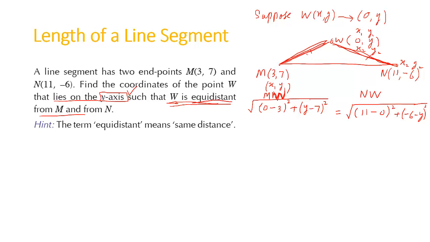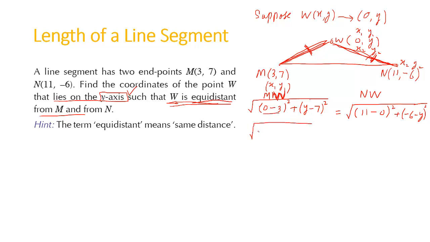So again the distance between W and M, MW, is equal to NW. These two distances are equal. Now simplification.